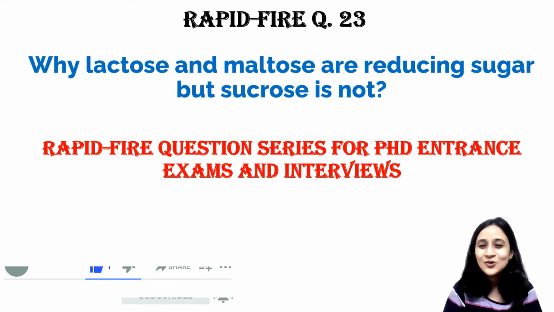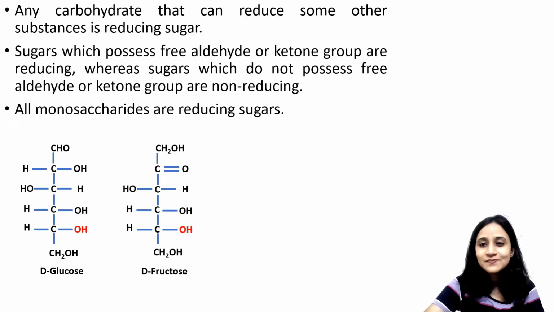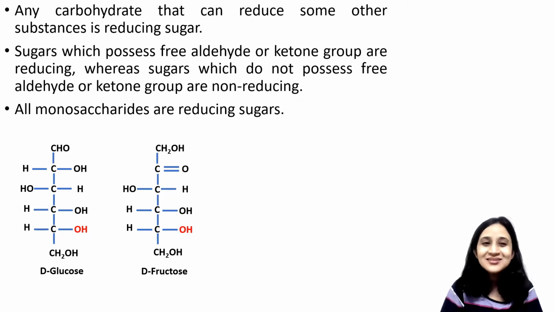So let's talk about reducing sugar and non-reducing sugar. Any carbohydrate that can reduce some other substances is reducing sugar, and any carbohydrate that cannot reduce some other substances is non-reducing sugar.